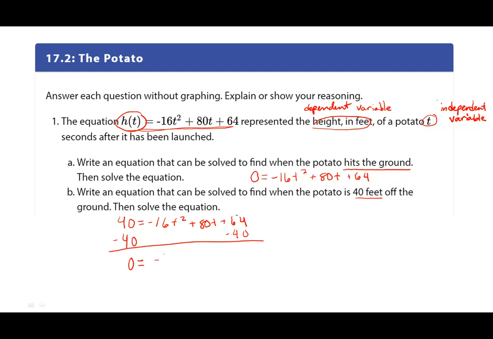So negative 16t squared plus 80t, and then 64 minus 40 will be plus 24. Yep, I forgot the plus symbol. Okay, so these are the two equations for finding when it hits the ground and finding when it's 40 feet off the ground.